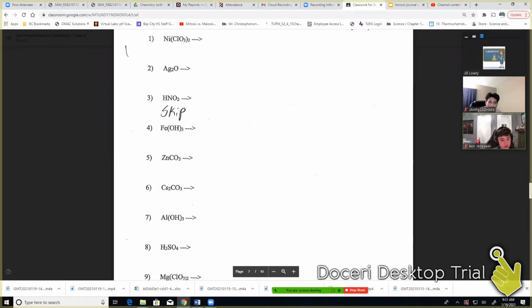Number 5. This matches up with number 5 because number 5 talks about a metallic chlorate. And it says a metallic chlorate decomposes into a metallic oxide. I'm sorry, I'm on the wrong one. It decomposes into a metallic chloride. So that would be NiCl2 plus oxygen.